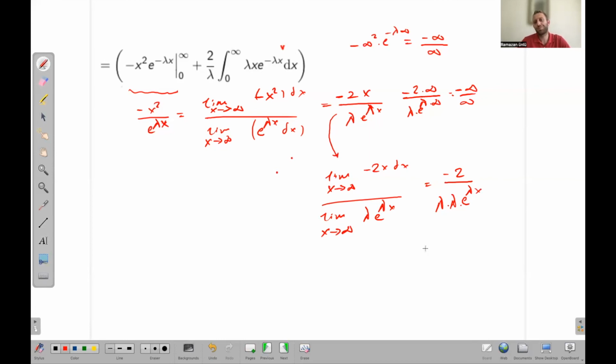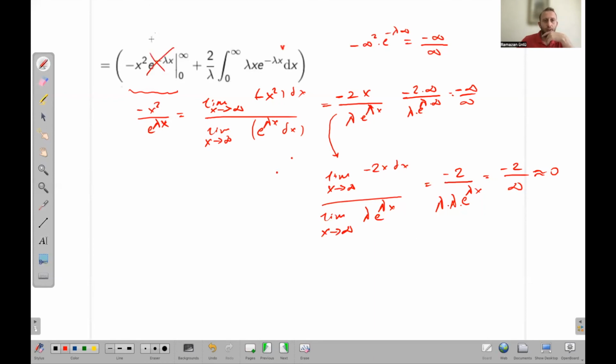The derivative of the numerator will be minus 2, and the derivative of the denominator will be lambda squared times e to the lambda x. So this will be 0, right? Because that will be minus 2 over infinity, and it will be 0. So this first part will be equal to 0, and let's look at the second part.